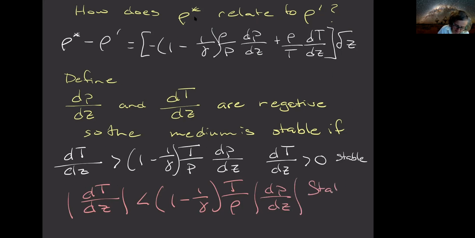And that's the stability criterion. This is most often used in, for example, accretion disks, where it's also called the Schwarzschild criterion, and it defines whether the accretion disk is stable to convective instability or not based off of the temperature gradient of that particular system.